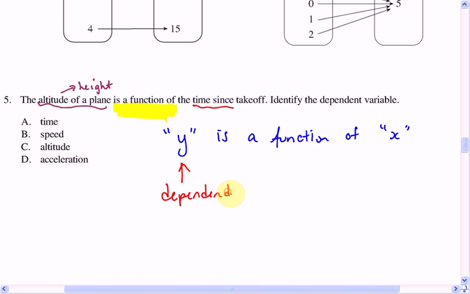So whenever you see this idea of is a function of, there's always something before it and something after it. The something before it is the dependent, the something after is the independent, and therefore in this example the dependent variable is altitude.